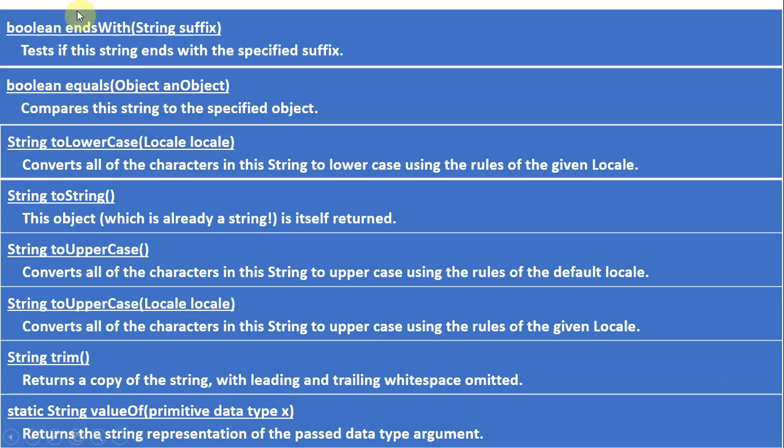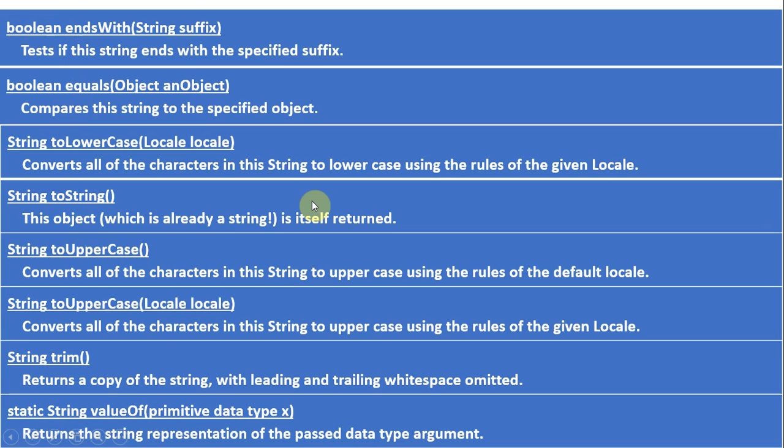endsWith tests if this string ends with the specified suffix. We can specify the string here. For example, hello ends with o, right? So if the provided string ends with o, then it will return true, like that.